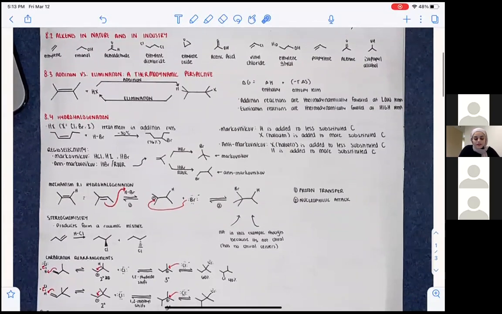Then over here we have addition versus elimination. Looking at it from a thermodynamic perspective, addition reactions are pretty much the opposite of elimination. Addition reactions are thermodynamically favored at low temperatures, and elimination reactions are thermodynamically favored at high temperatures.